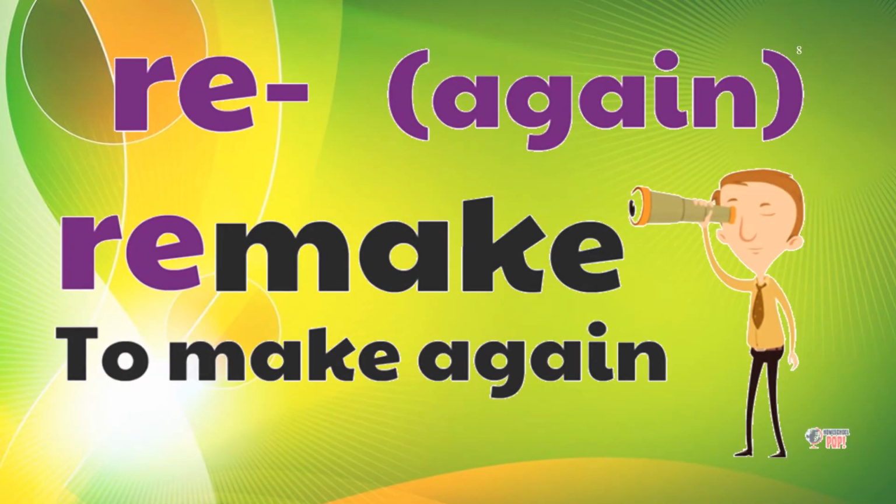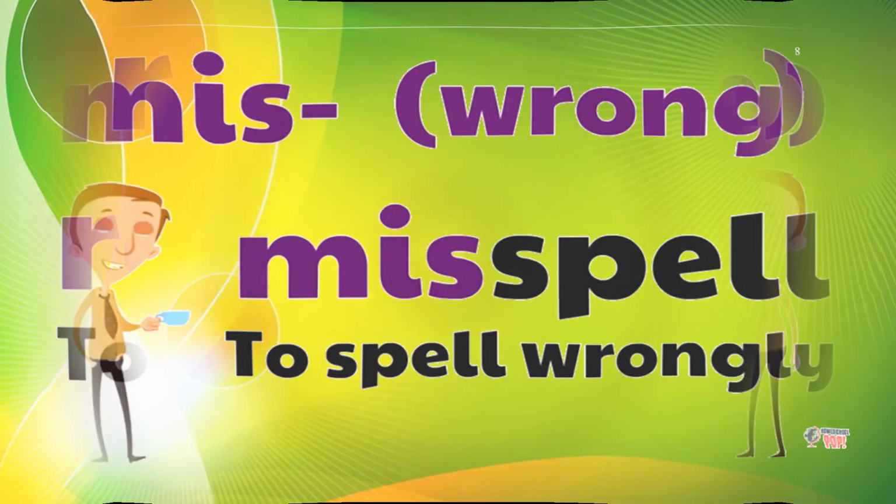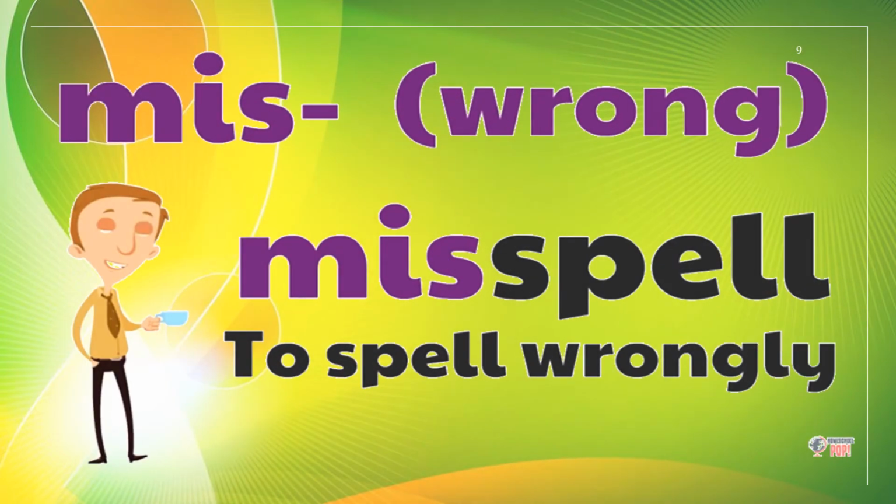Again, we have seen remake. Remake means to make again. Mis means wrong. Misspell. When you make a mistake in writing the spelling, then the teacher tells you, you have misspelled it, means you have spelled it wrongly. Misunderstanding, we say that word.